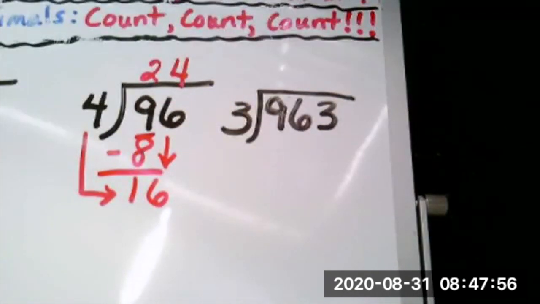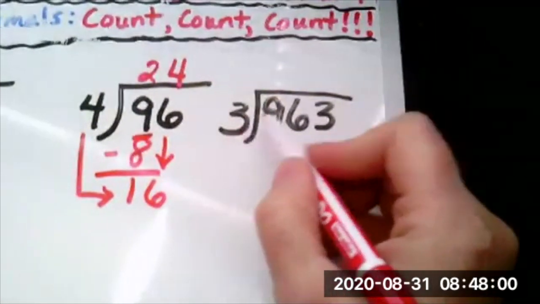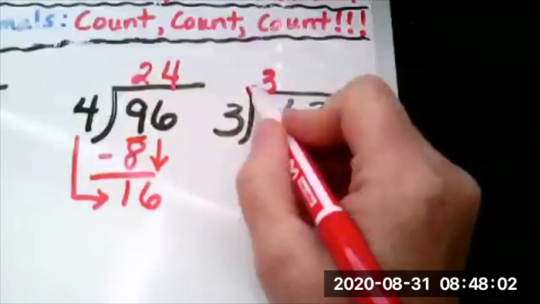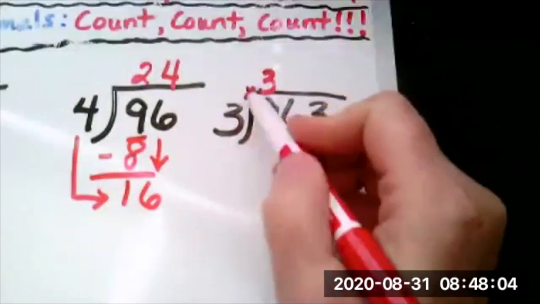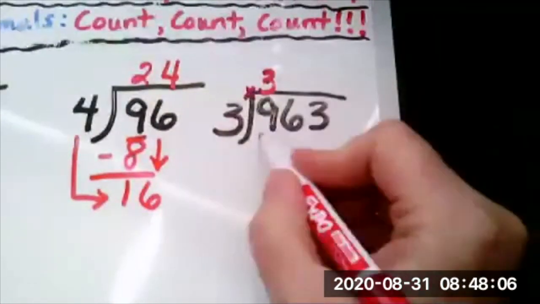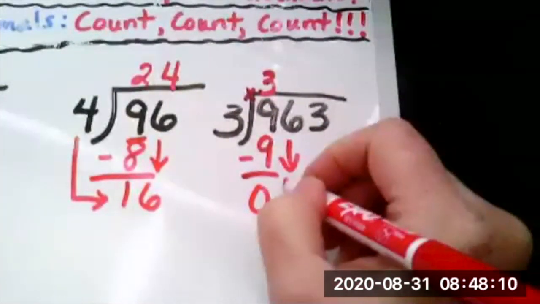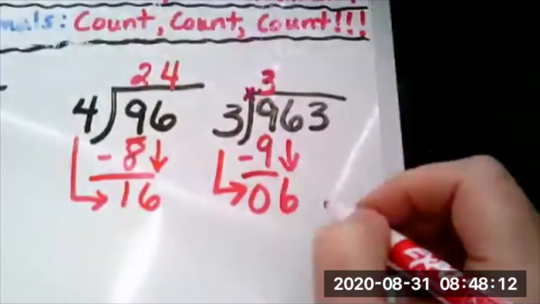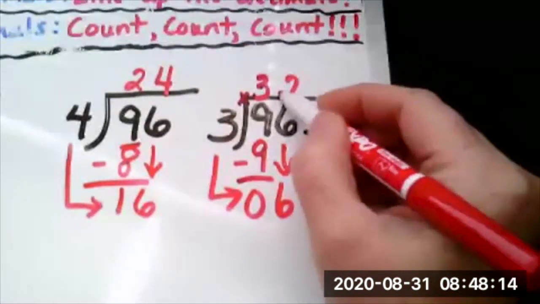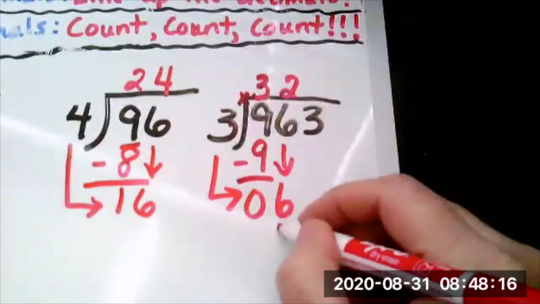I'll go over that with you real quick just to make sure that you remember. 3 times 3, here's that special little multiplication sign there. 3 times 3 is 9, and there's no remainder. So you bring down the 6, and now 3 goes into 6 2 times. 2 times 3 is 6.